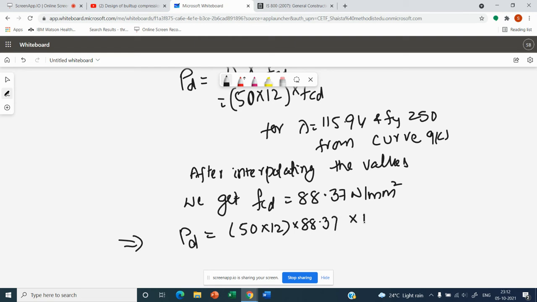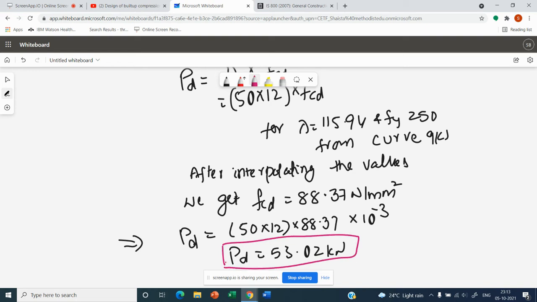If you divide it by 10 to the power of 3, you get the answer in kilonewtons. So we got this as 53.02 kilonewton. This is the design strength of the lacing bar. So this completes our step 8.